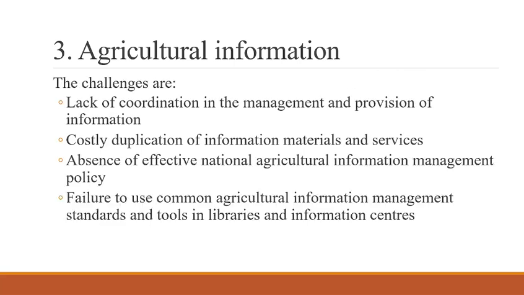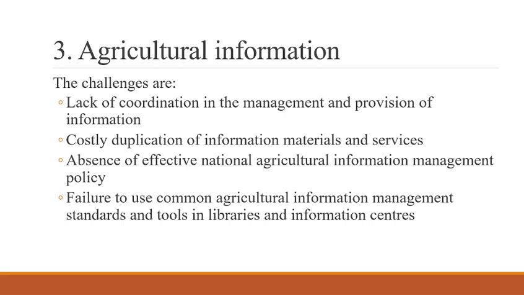The challenges are lack of coordination in the management and provision of information. Nowadays, you can find different confusing articles explaining one thing. Let's take, for example, the treatment for a crop disease, meaning to say there is a contradiction in agricultural information.